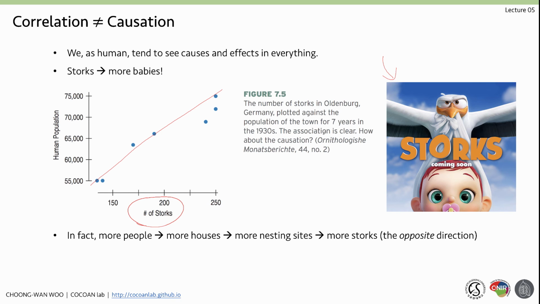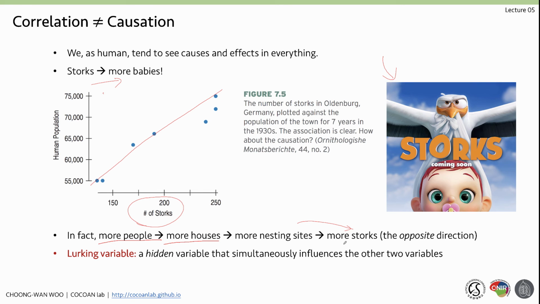But in fact, if there are more people in a city, there should be more houses. That means there are more nesting sites, and that means more storks. So different from what people thought, the truth was in the opposite direction.